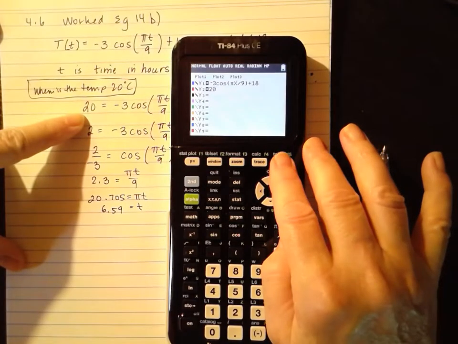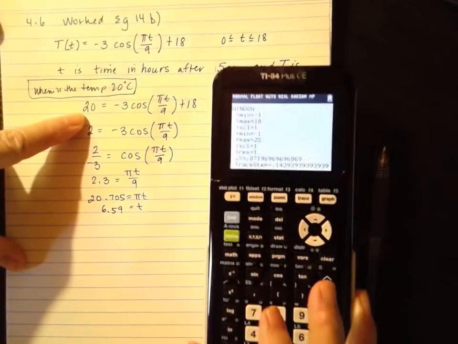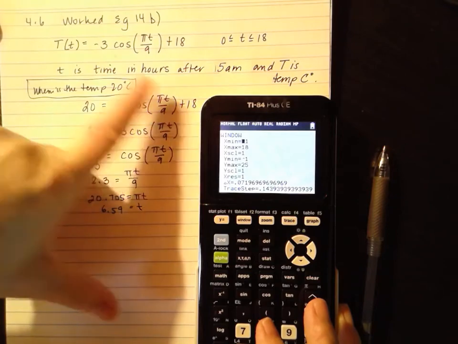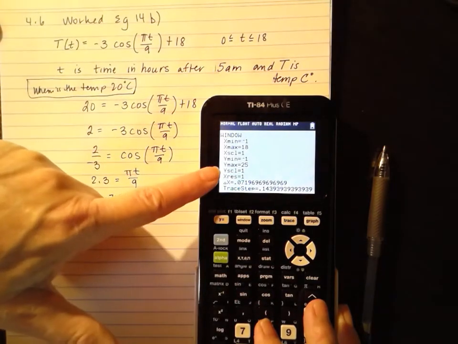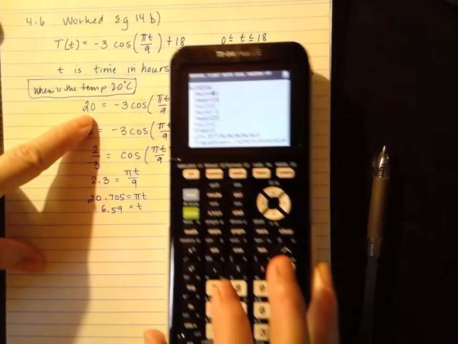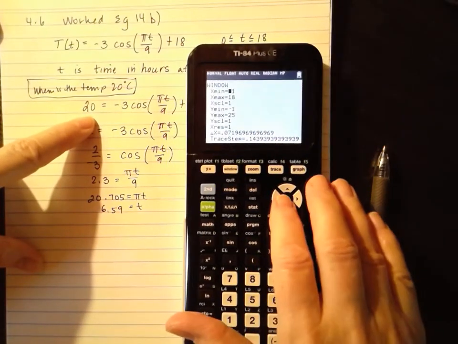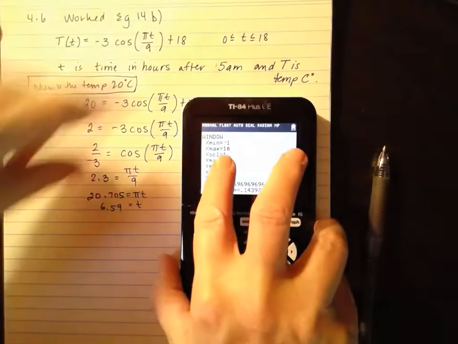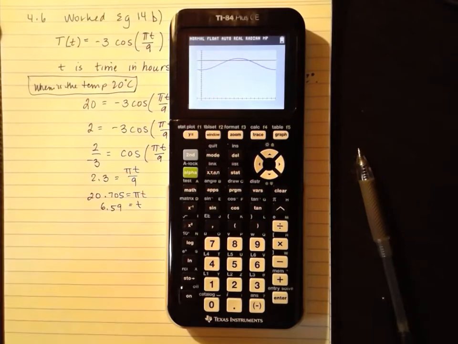And on my window, I had to be kind of clever and say, okay, if I'm adding 18 to this, and then possibly adding 3 even, then I'm going to go up. I put 25 as my highest point. I know 20, it's above 20, so I just picked 25 for my max. And I knew my 0 to 18. I always put -1 so I can see the axis. Okay, so anyway, I graphed that and I got that.